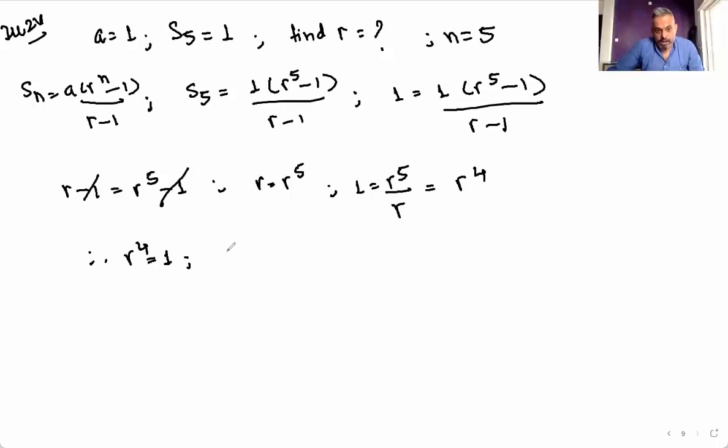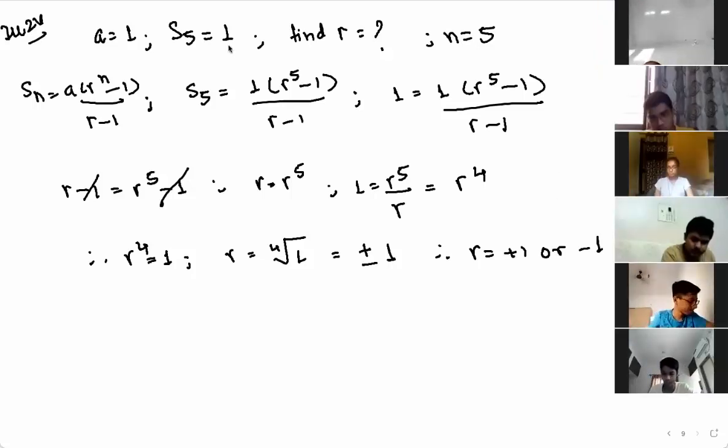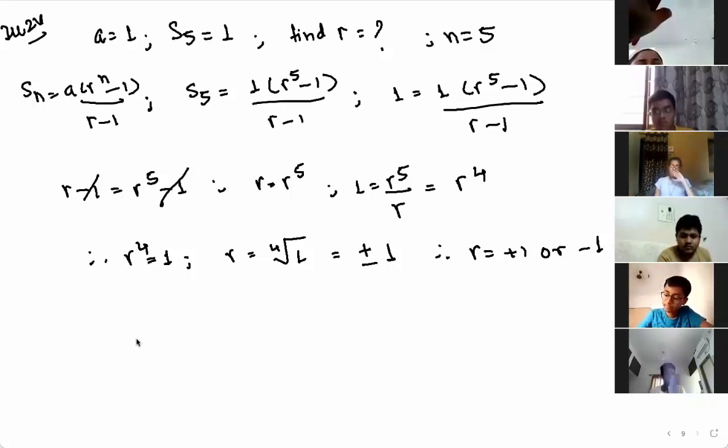It means what? r is equal to 4th root of 1, which is equal to either plus or minus 1. So r will be equal to either plus 1 or minus 1. But pay attention. Did you all understand up to here? r is equal to plus 1 or minus 1, did everyone get it?